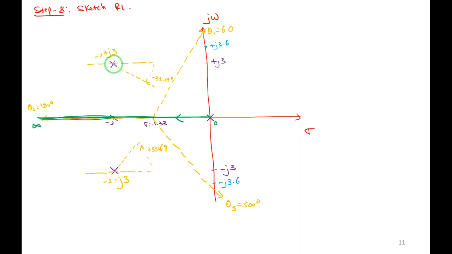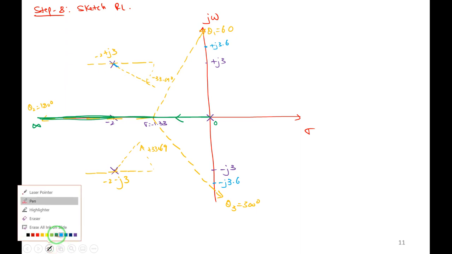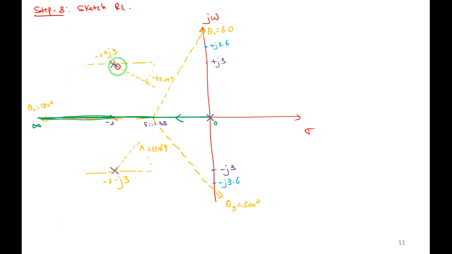It will leave from this branch at the angle of departure, minus 33 degrees. Let me take green color only. It will leave like this, but it has to intersect here.